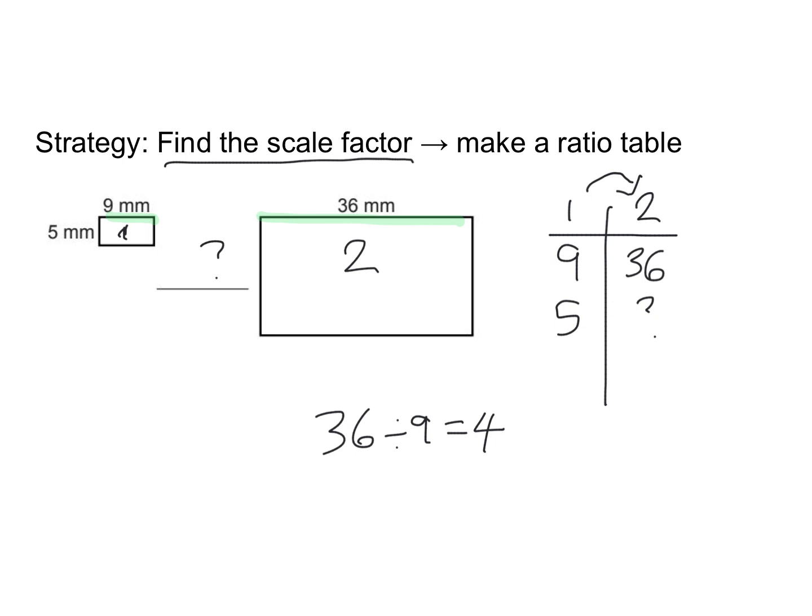So what that means is that we are multiplying by 4. 9 times 4 is 36. So we need to do 5 times 4 to get our missing number. 5 times 4 equals 20. So our new side length is going to be 20.